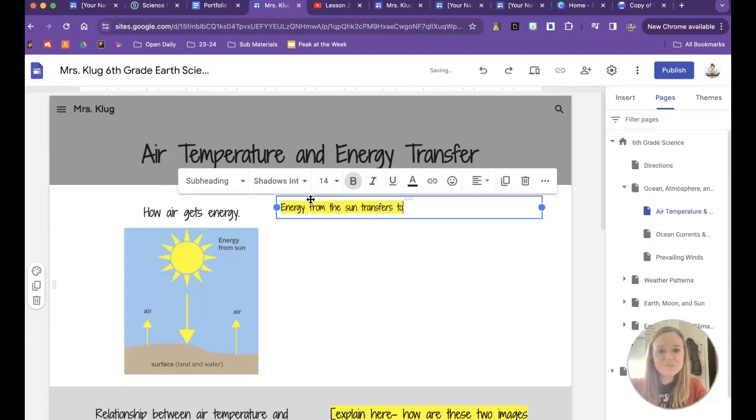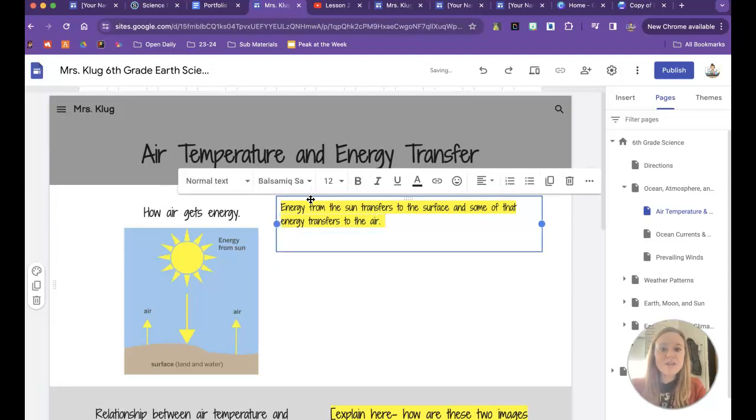transfers to the surface, and some of that energy transfers to the air. And that's how air gets energy. We know that surfaces can be both land and water.